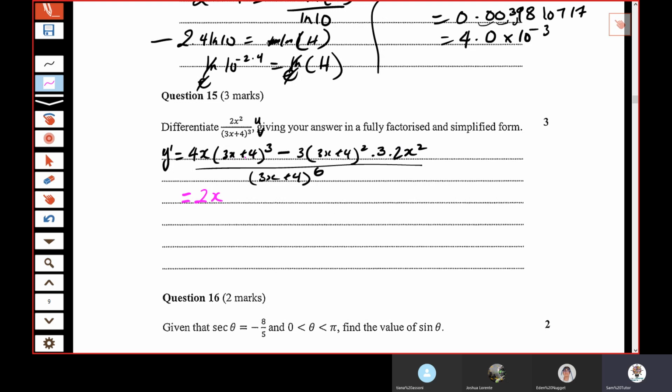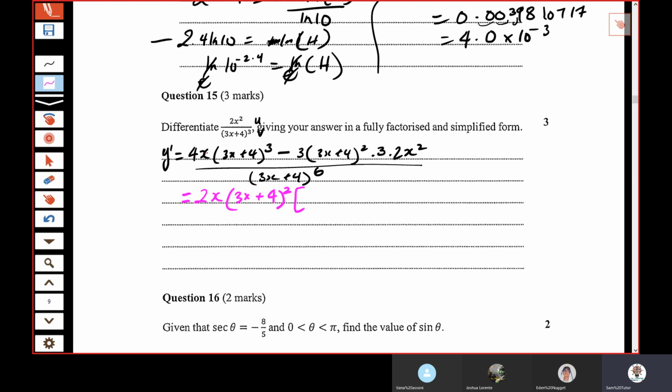Then you've got this bracket, power of 3, and the same bracket, but power of 2. You always choose the smaller one. So you take out the bracket squared. Then we ask ourselves what's missing, or however you've been factorizing.